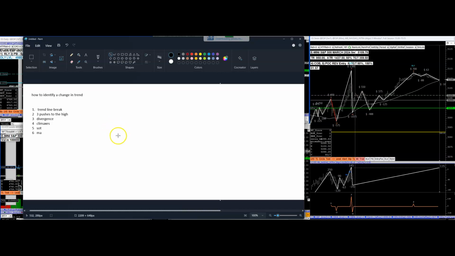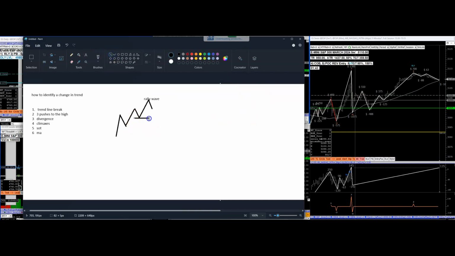So here's an easy way to identify trend. Let's just say it's doing this, and you have an uptrend. The first thing is to identify an impulse wave, which is a rally wave. That will give you a support level.